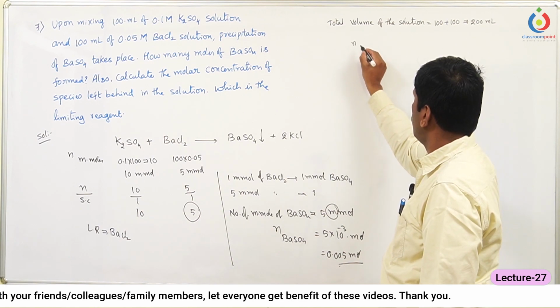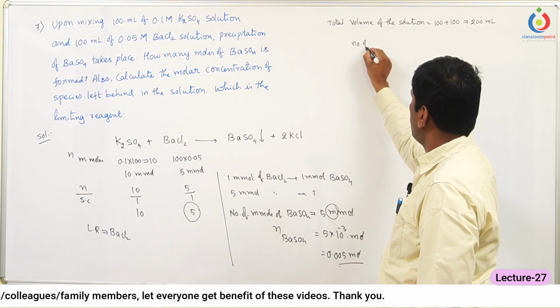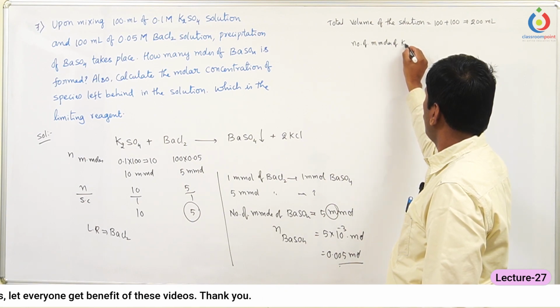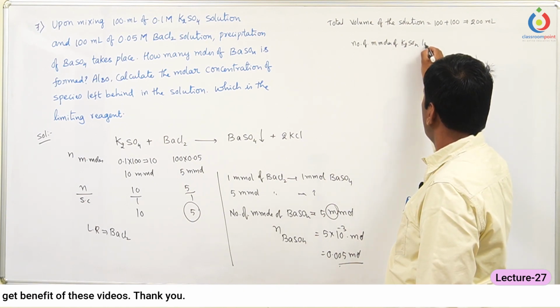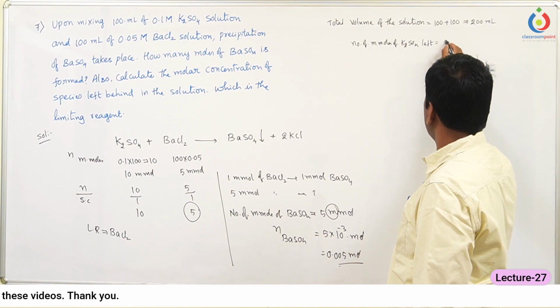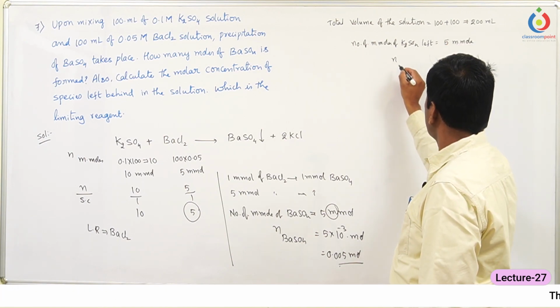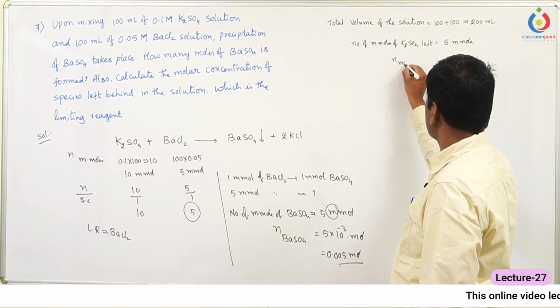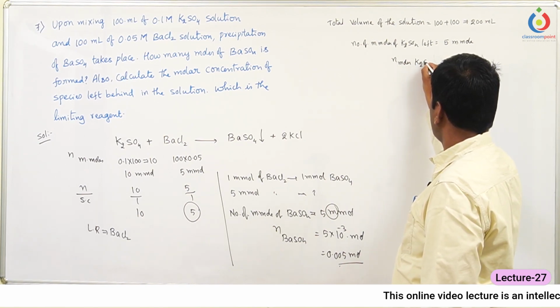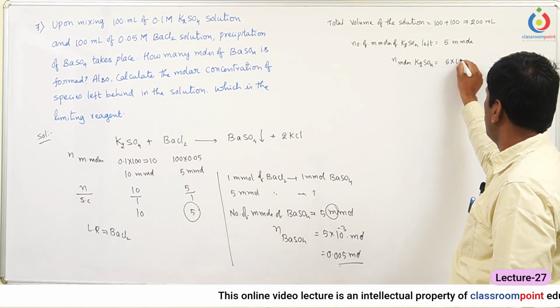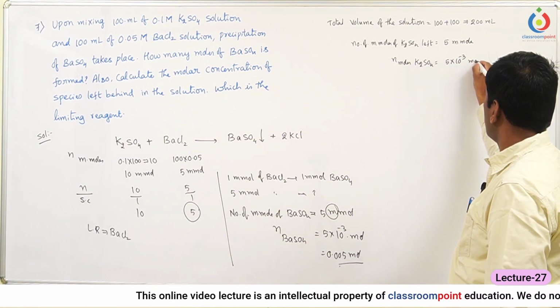So the number of millimoles of K2SO4 left in the solution equals 5 millimoles. Let us find out the number of moles. The number of moles of potassium sulfate equals 5 into 10 power minus 3 moles.